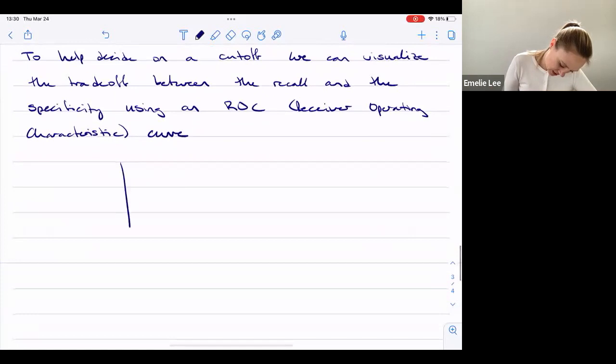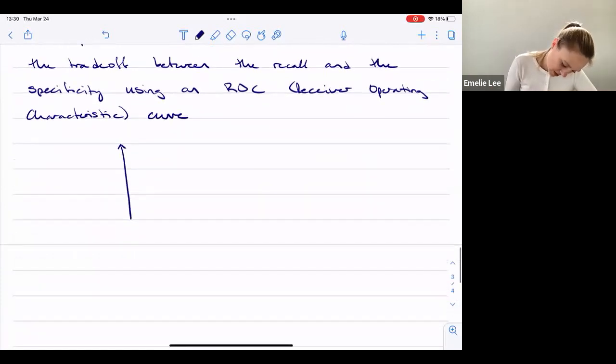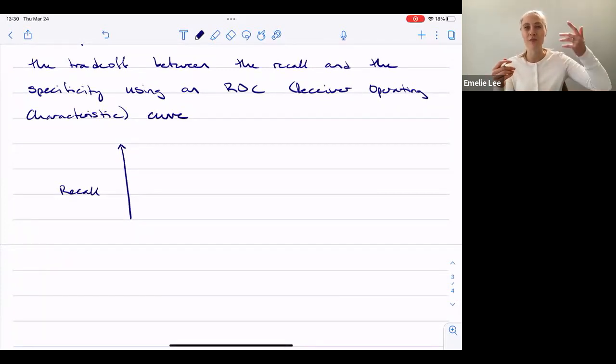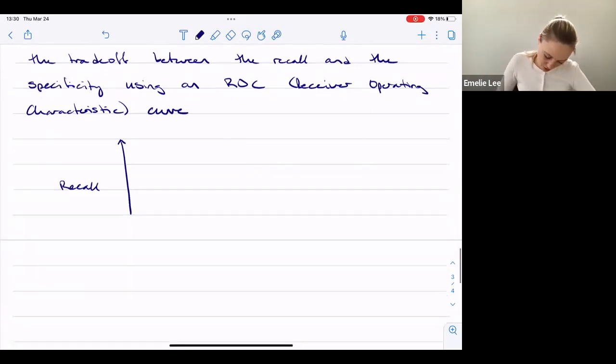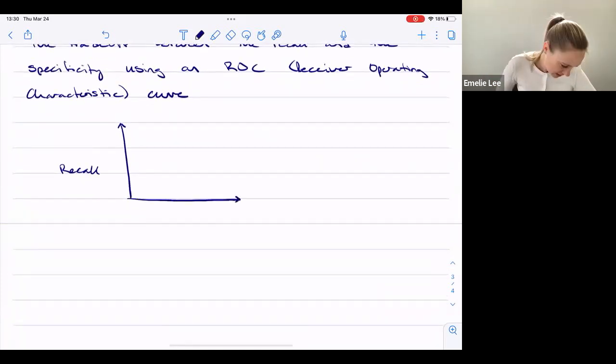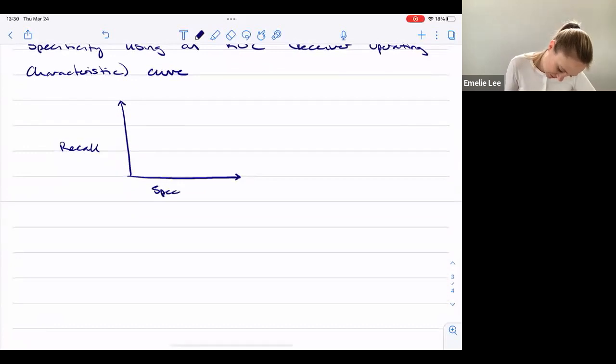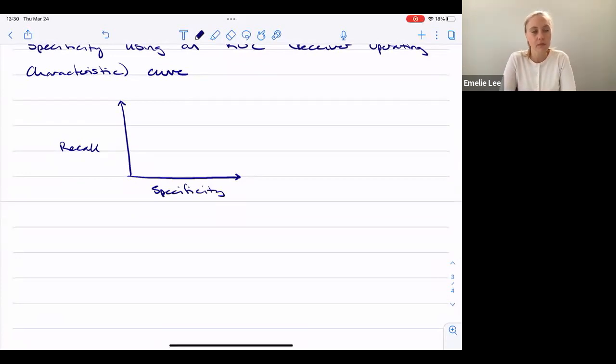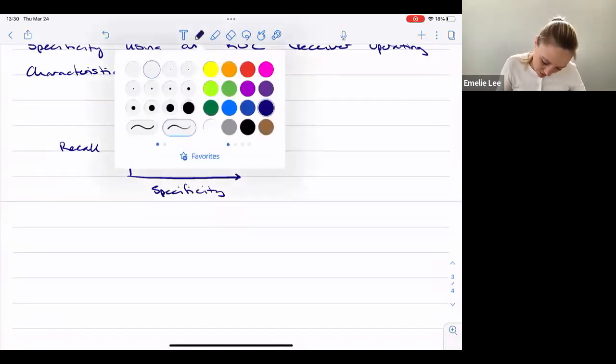So an ROC curve, or graph, typically puts the recall on the y-axis, because recall, remember, is the number of ones that were correctly classified as ones, against the specificity. And what we're going to find is that as we change our cutoff value, there's going to be a change.